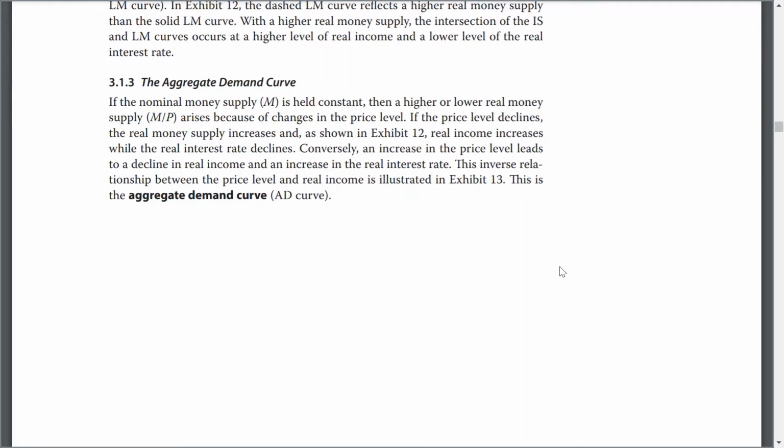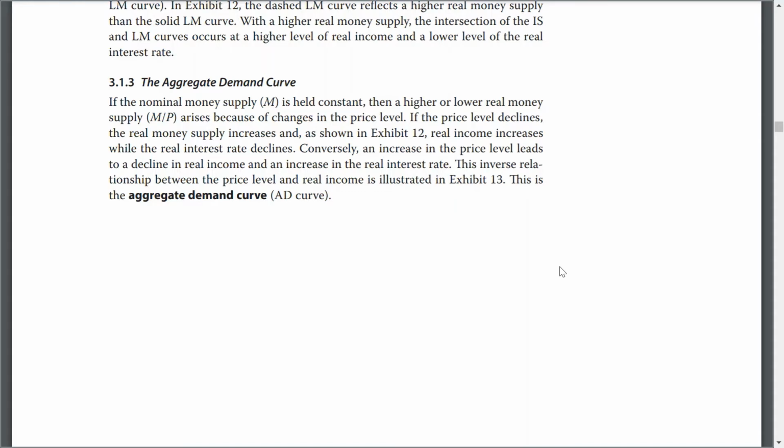Then a higher or lower real money supply, or M divided by P, arises because of changes in the price level. If the price level declines, the real money supply increases, and as shown in Exhibit 12, real income increases while the real interest rate declines. Conversely, an increase in the price level leads to a decline in real income and an increase in real interest rates.